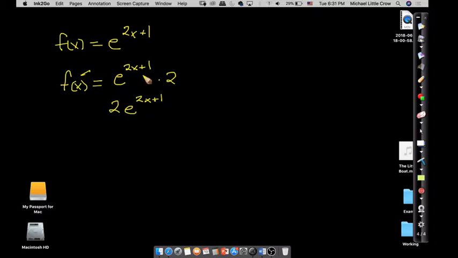Okay, so that's the derivative of the function itself times the derivative of the exponent. Why didn't we have a natural log of the base there? Because it's e and the natural log of e is 1. So it is there, but it becomes 1, and 1 times anything, it just disappears. Okay, it's that algebraic disappearance.